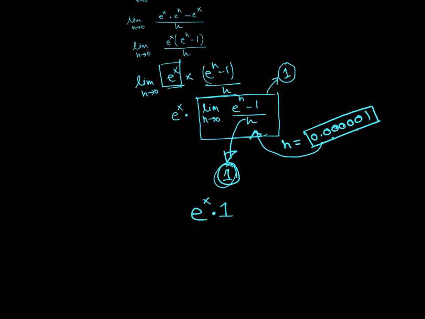So we started off with d dx of e to the power x, and we have reached that it is e to the power x. We have arrived at the conclusion that whenever you differentiate e to the power x, you would get e to the power x. And this same thing, instead of using the first principles of derivative, you can prove in another different way. I would try to make a separate video on that, because that's a different thing.